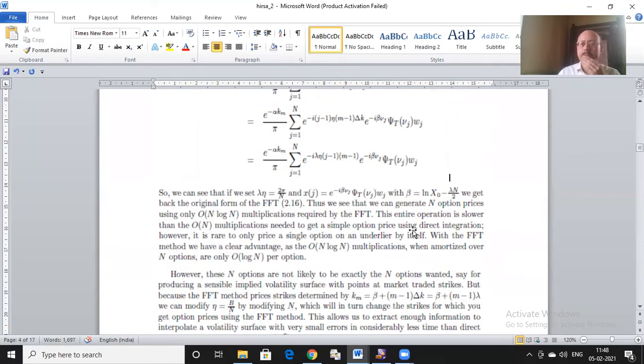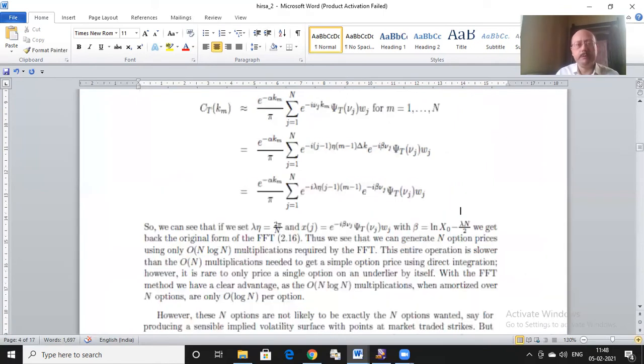Now, okay, a little bit more of computational strategizing. So lambda eta appears together as a product in this summation.